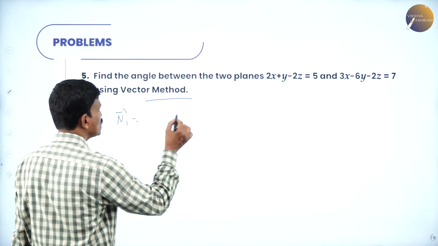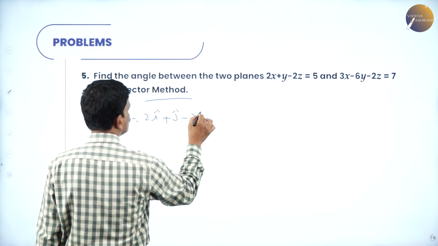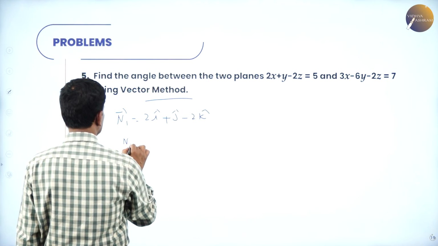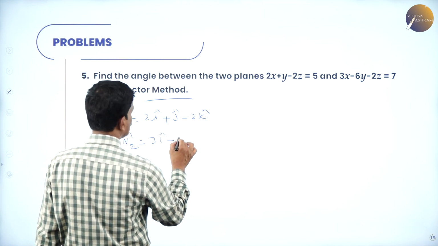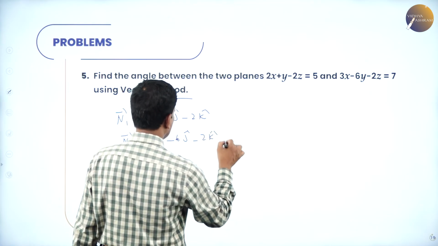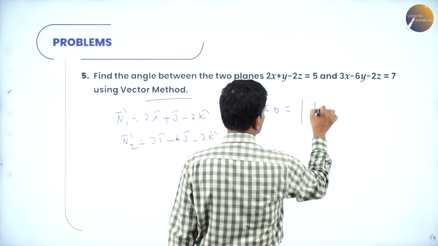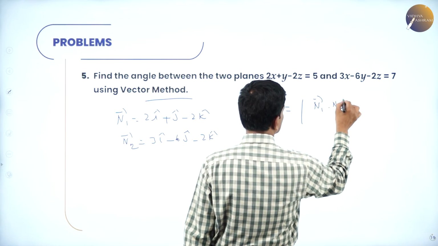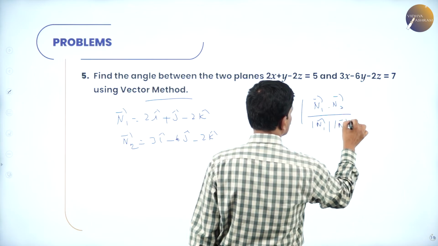Vector n1 is equal to 2i plus j minus 2k cap and vector n2 is equal to 3i minus 6j minus 2k cap. That's all. The angle between n1 and n2 is given by cos theta is equal to vector n1 dot n2 divided by length of n1 into length of n2.